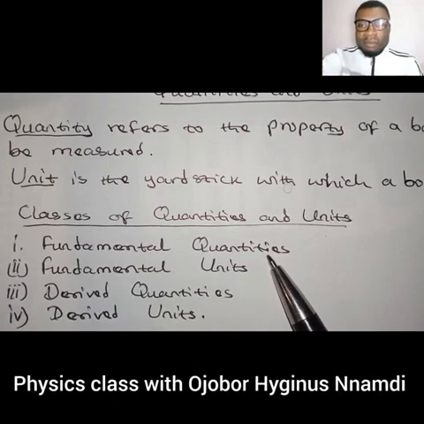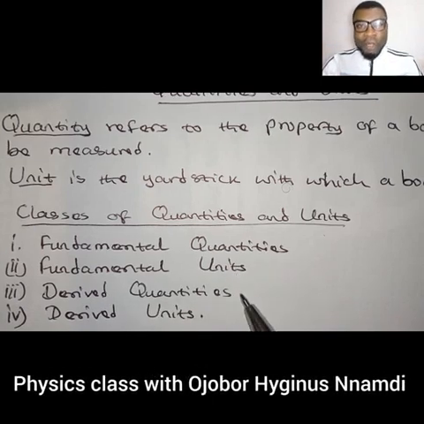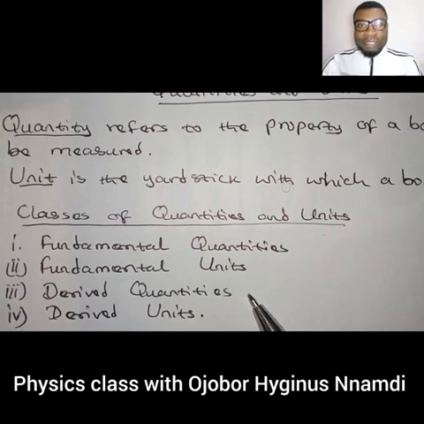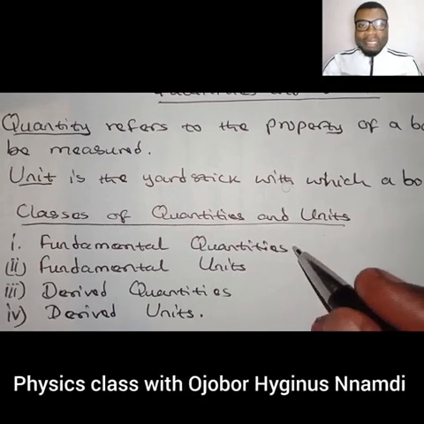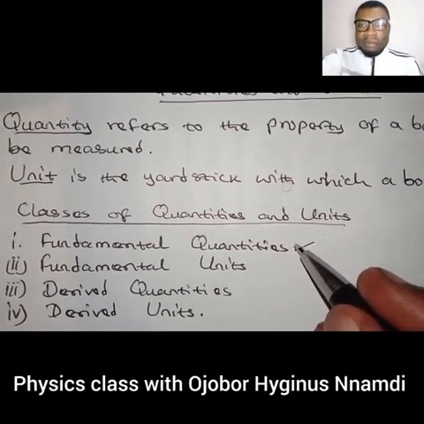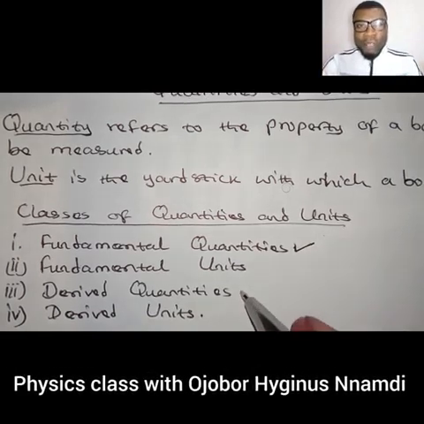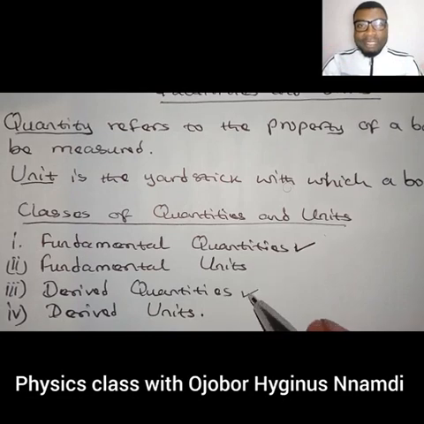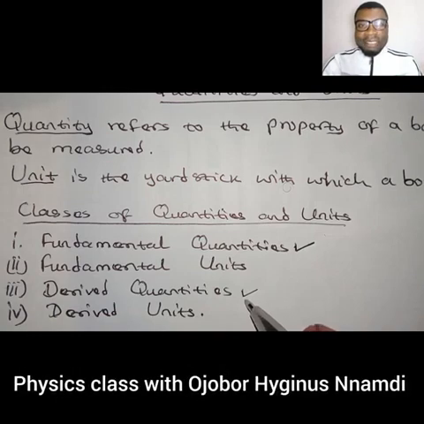They do not exist by a combination of any quantity. While derived quantities are those quantities that are gotten by the combination of two or more fundamental quantities. I repeat, fundamental quantities are independent of any other quantity, while derived quantities are gotten by the combination of two or more fundamental quantities.